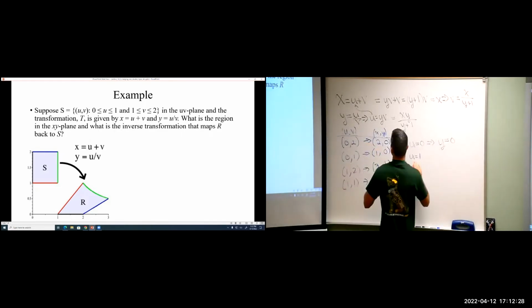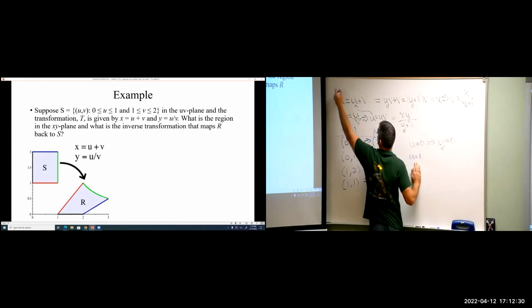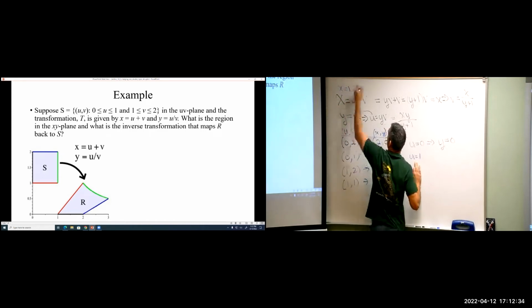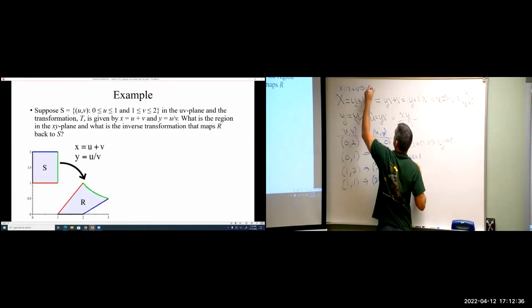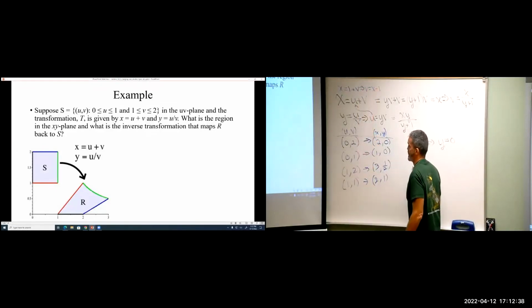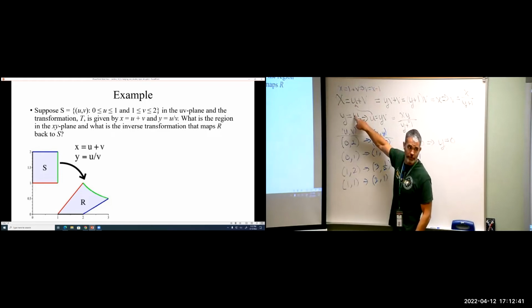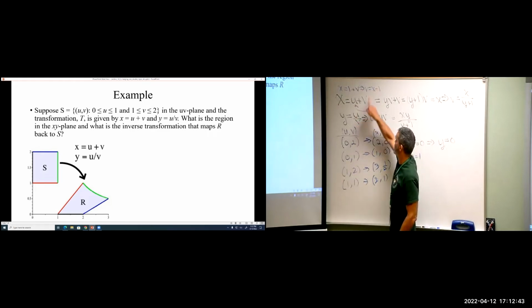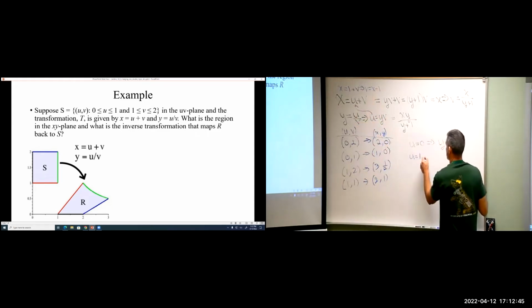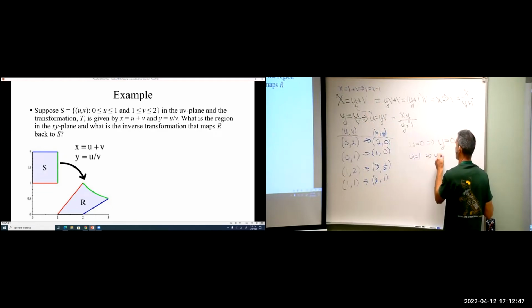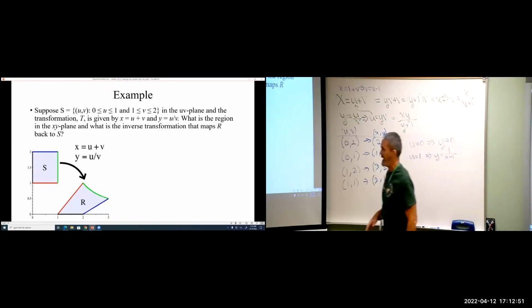Well, if U equals 1, this becomes X equals 1 plus V, or V equals X minus 1. U is equal to 1. V is equal to X minus 1. So this becomes Y equals 1 over X minus 1. And that's why it's getting this curved shape.